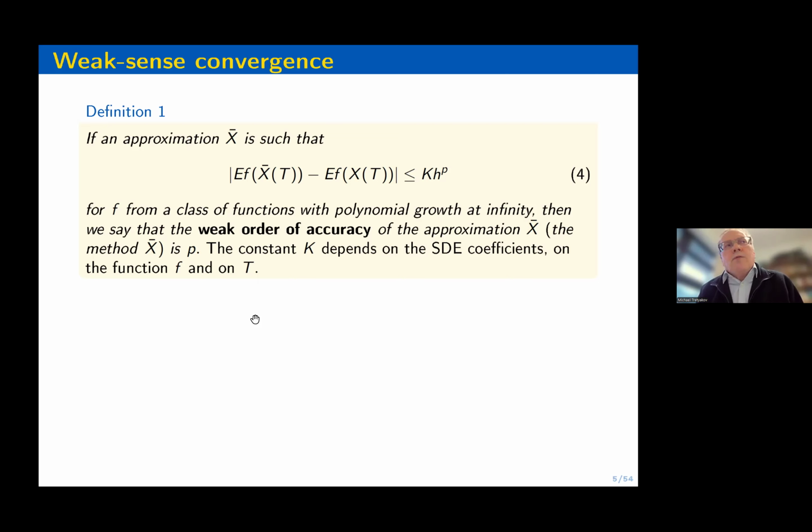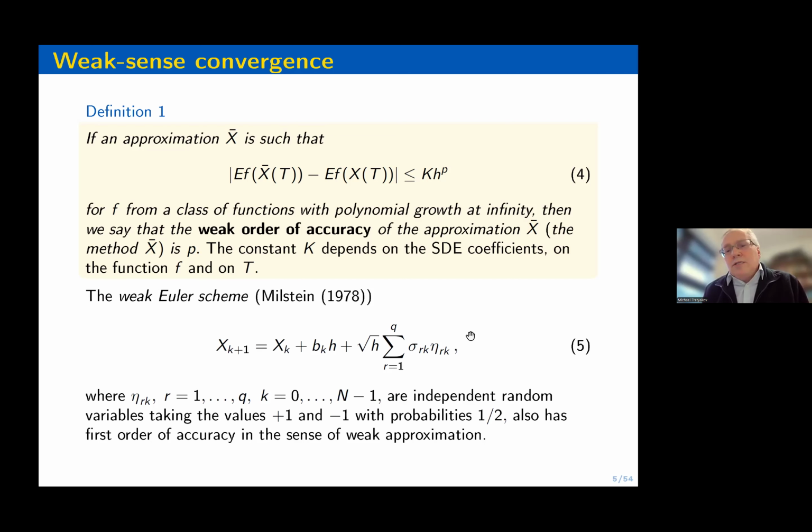If you look at the earlier method on the previous slide, which in mean square has convergence of order 1/2, in this weak sense it has convergence of order 1. And moreover, we can, instead of Gaussian, take plus minus 1 with probability 1/2, and this Markov chain will also converge in a weak sense with order 1.